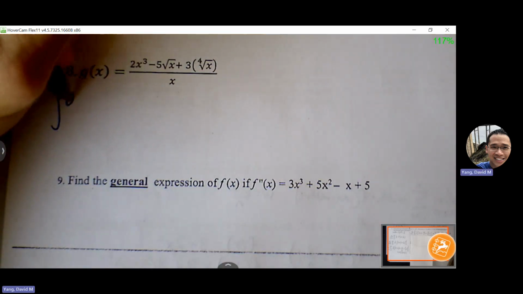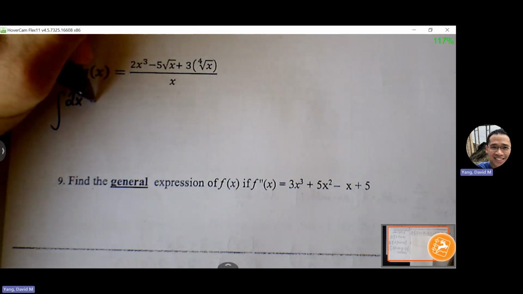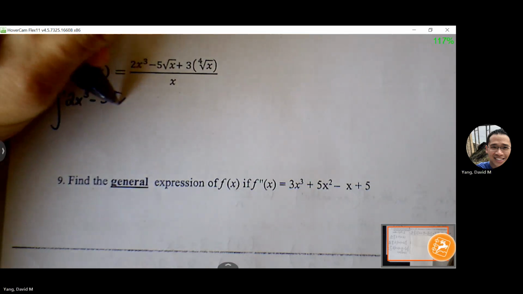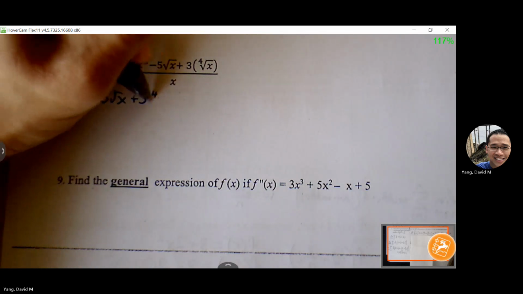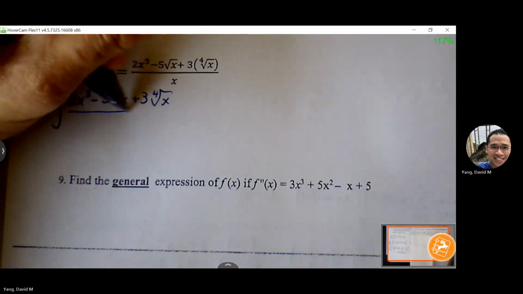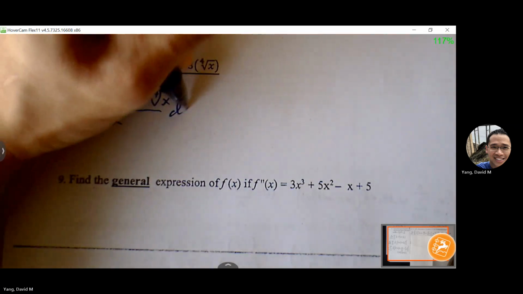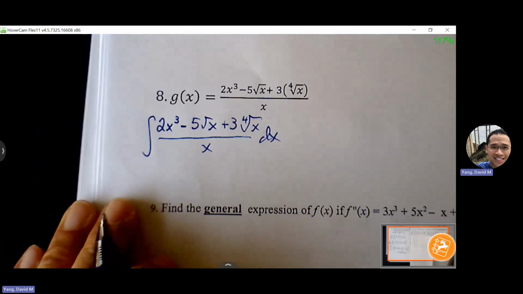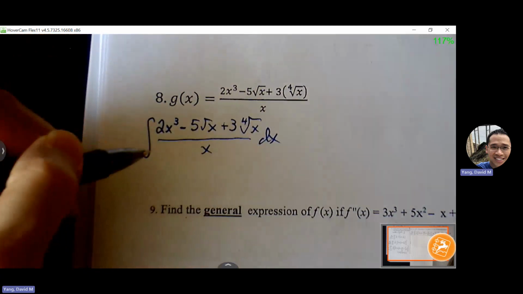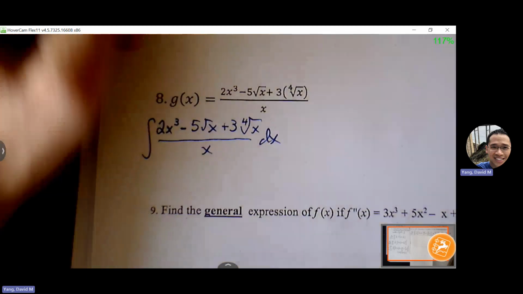Show me the integral notation to indicate what action you're about to take. Now, something that I've seen students do is they see a fraction and there's calculus involved.